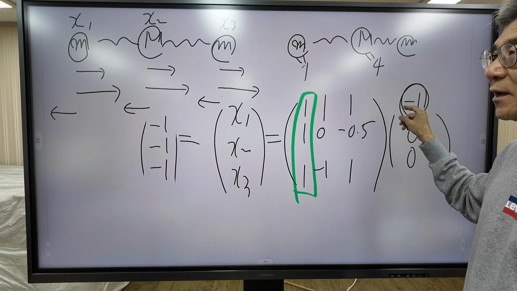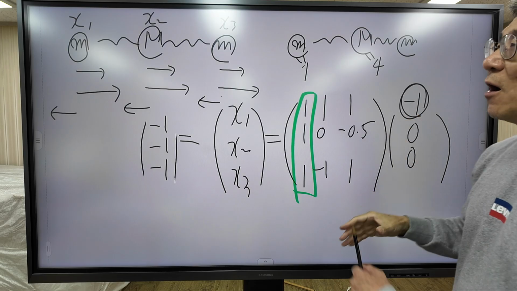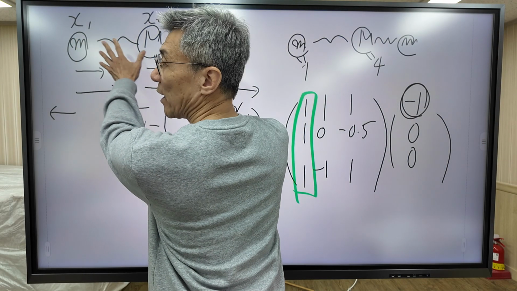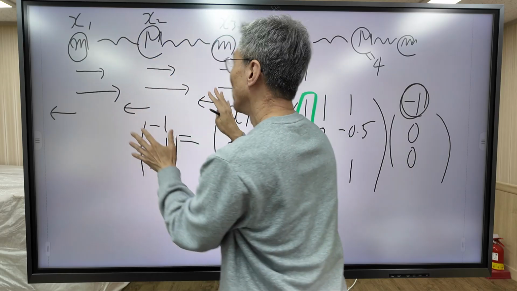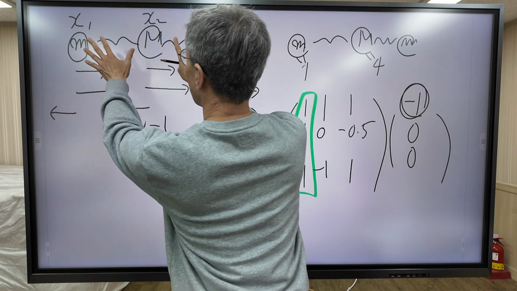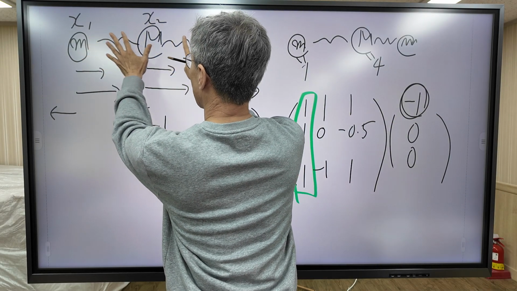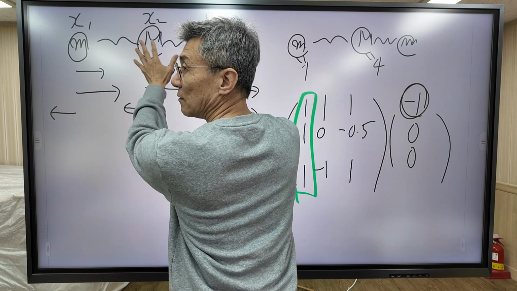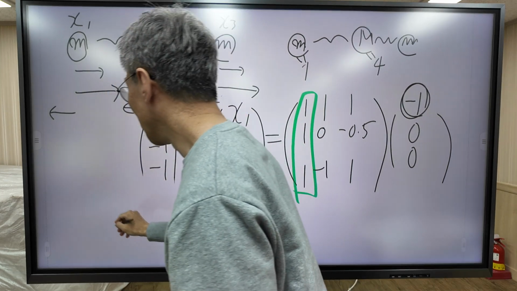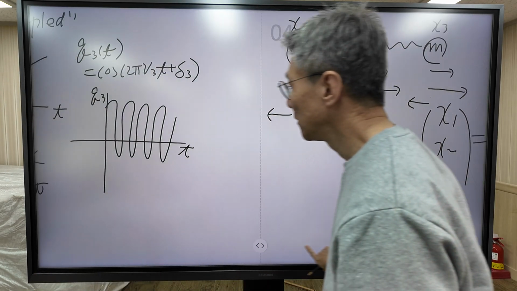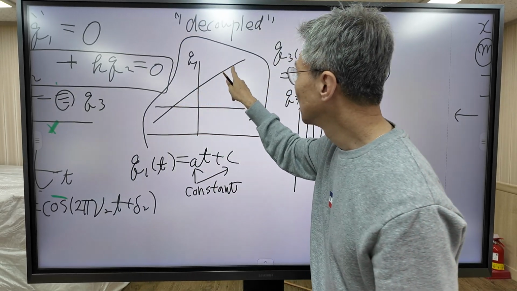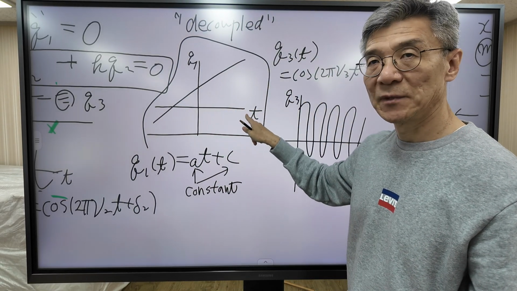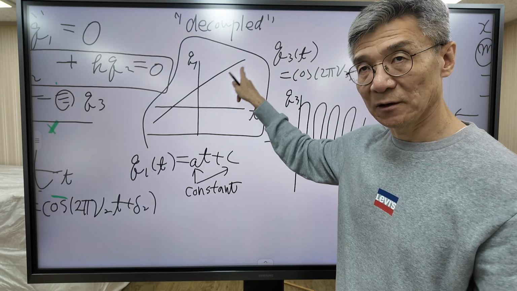So what does the variable Q1 mean? In every case, all the arrows move together by the same amount in the same direction. When Q1 changes, all the arrows move by the same amount in the same direction, right? And furthermore, as I said before, Q1 increases linearly with time.